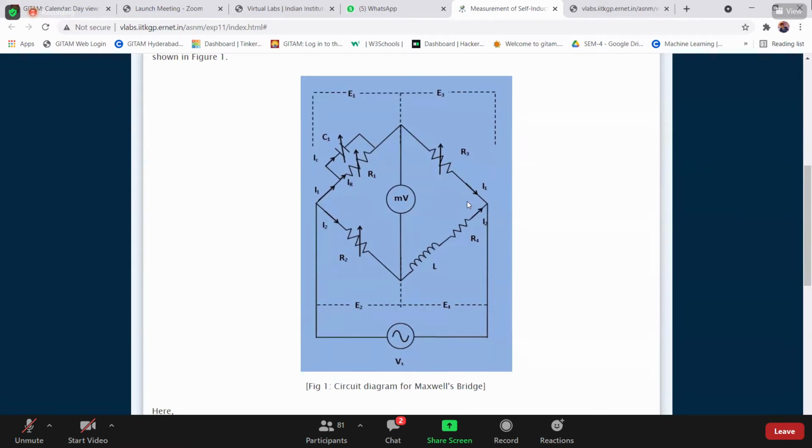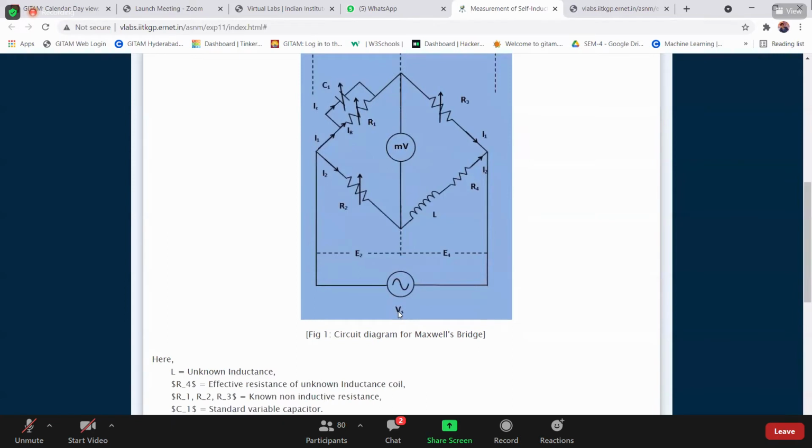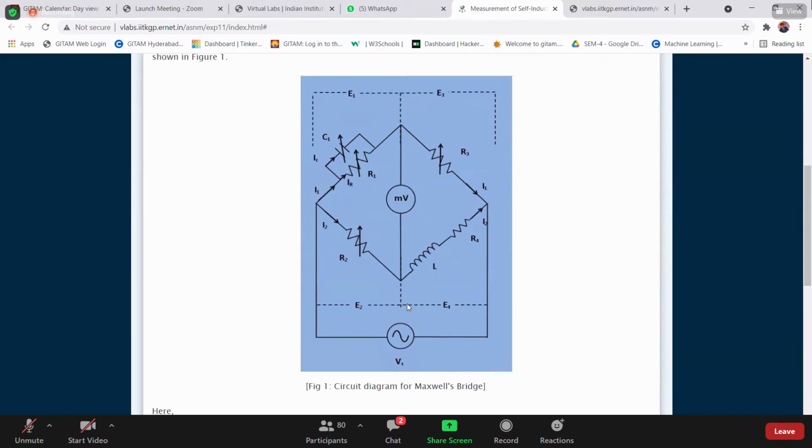Move your cursor near the VS. Below the bridge we have input VS. Whenever we see that symbol, a circle with that waveform, that is an AC signal. So which type of input are we using? AC.